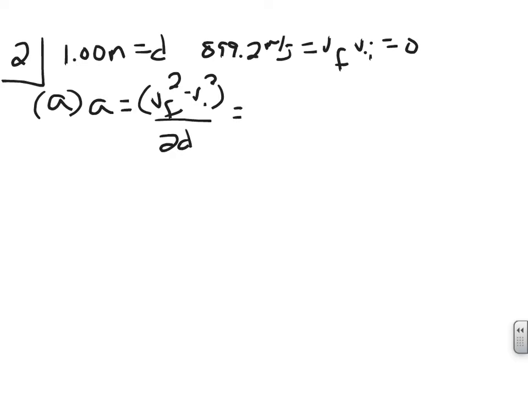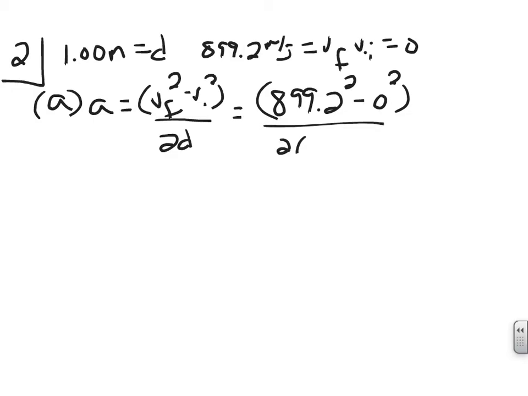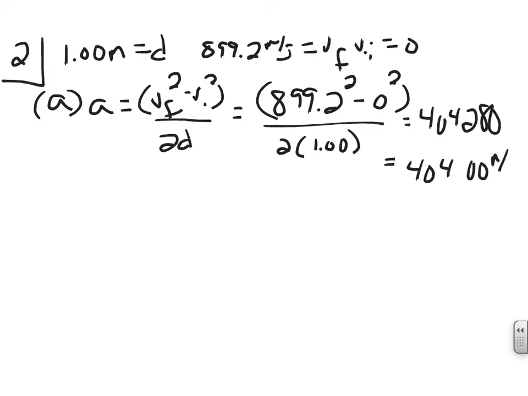So my VF we said was 899.2 squared, minus 0, and then divided by 2 times 1. If we do this correctly, we get 404,280, which after rounding would be 404,000 meters per second. So this would be the acceleration.